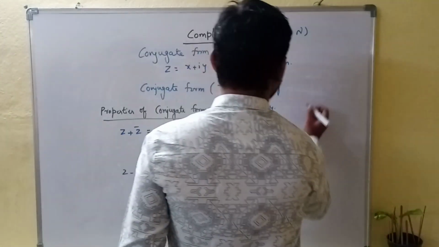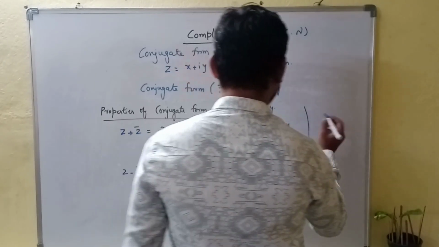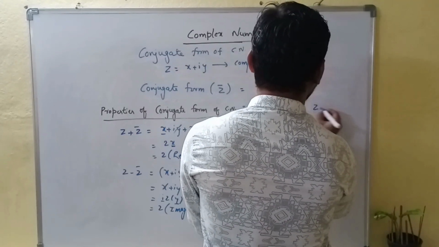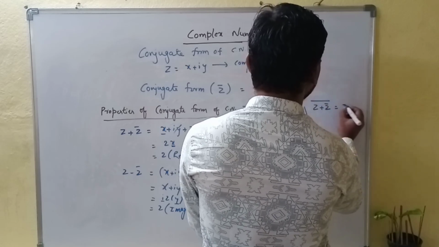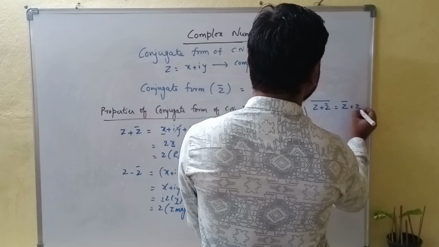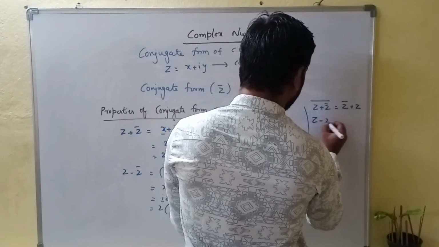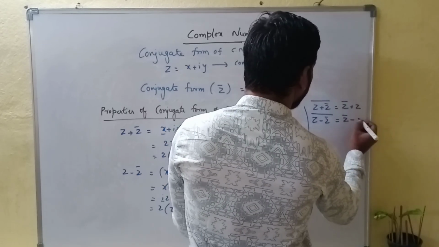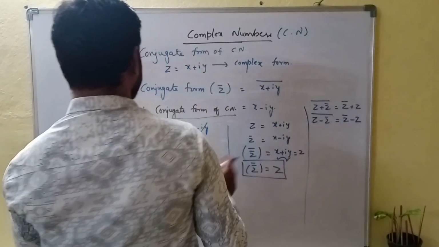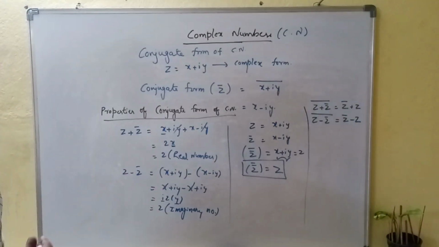And the bar of z plus z is equal to z bar plus z, and the bar of z minus z bar is equal to z bar minus z. So these are a few conjugate properties of complex numbers.